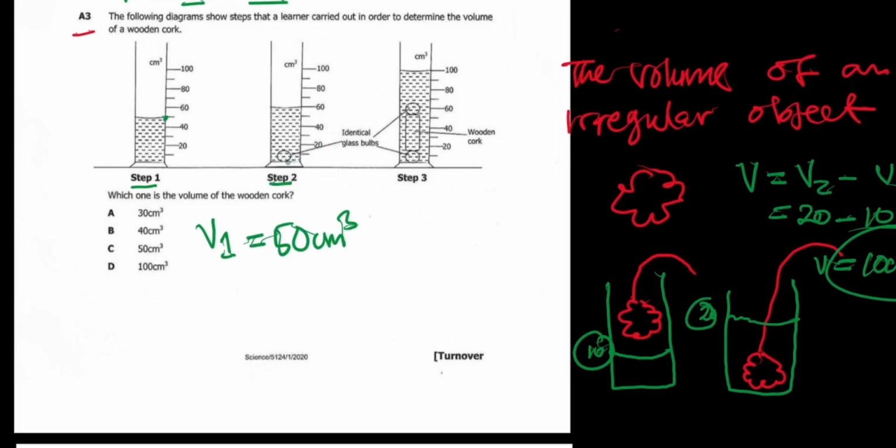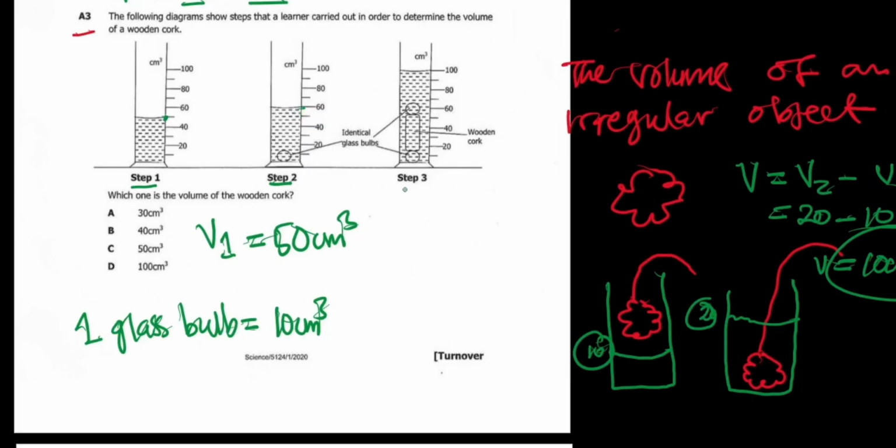When we add one glass bulb, notice that the volume of water increases from 50 to 60. So we can say that the volume for one glass bulb is 10 cubic centimeters. Why? Because after putting it into the cylinder, the volume increases from 50 to 60.